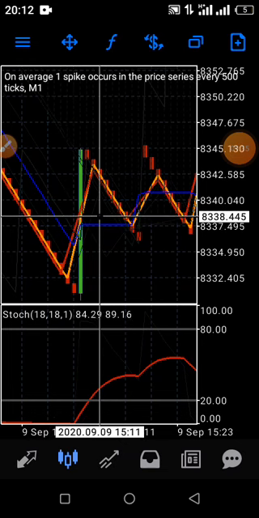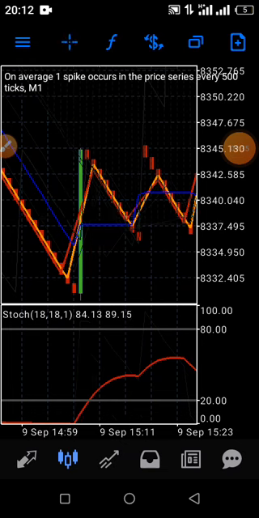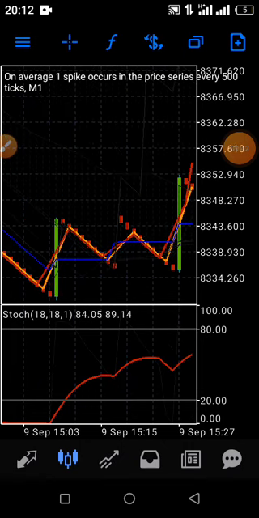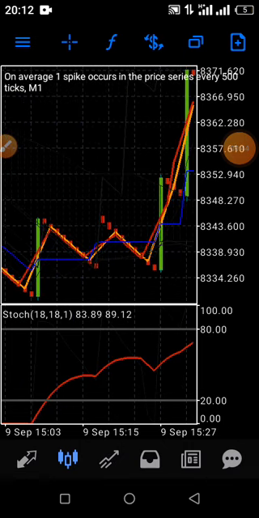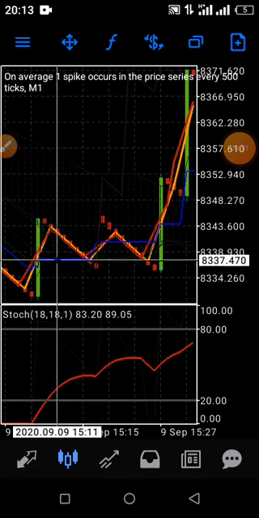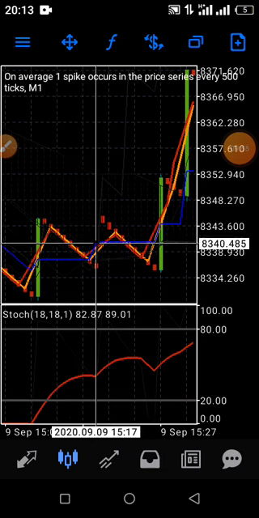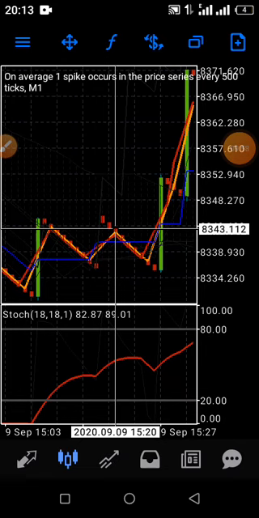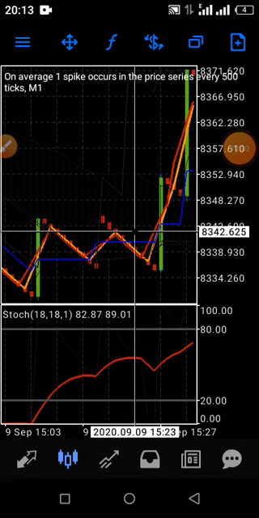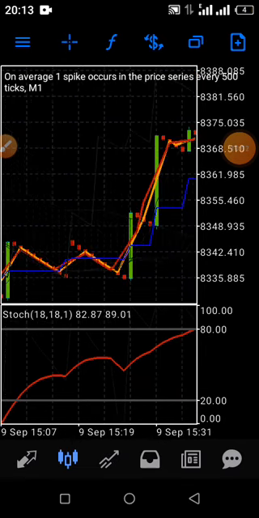It means another spike will happen, right? So you enter, somebody would have caught this spike, then it dragged like that, right? Somebody was supposed to stay in the market.